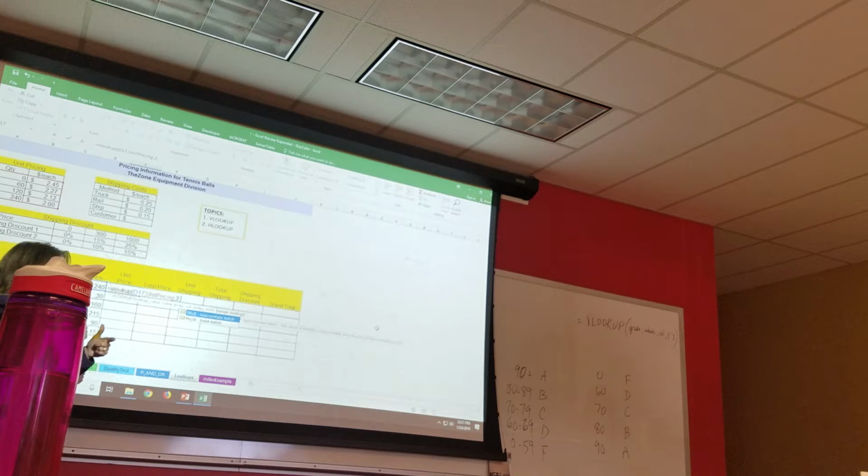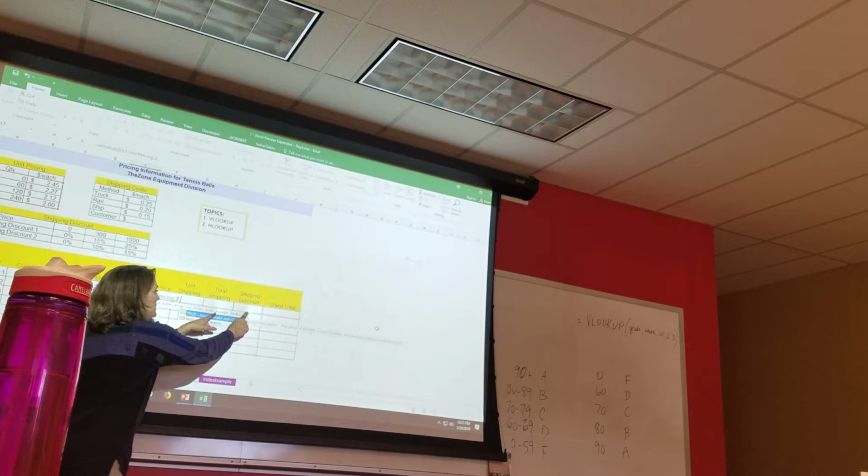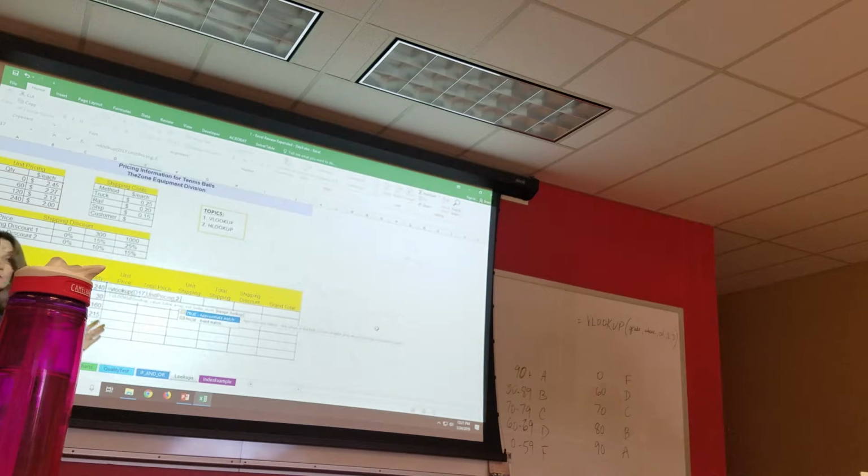The approximate range match one is the default. Remember, when you see something in square brackets, it means you don't have to type it in if you don't want to, but it will use whatever is the default. Well, the default in this case is approximate or true. I think we should get in the habit of typing it in so we don't forget when it's the other one. You know what I'm saying?